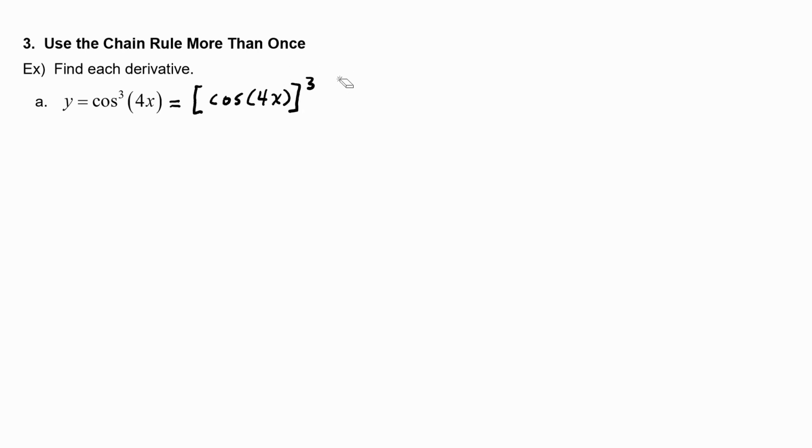The outermost function is that we have some stuff cubed. So f of x equals x cubed. Then inside of that, we also have a composite function of cosine of some stuff. So let's call that g of x is cosine x.